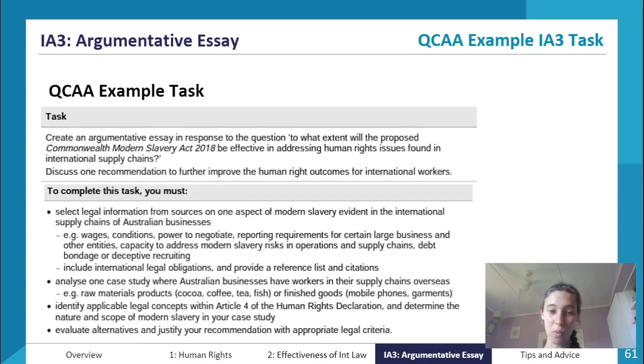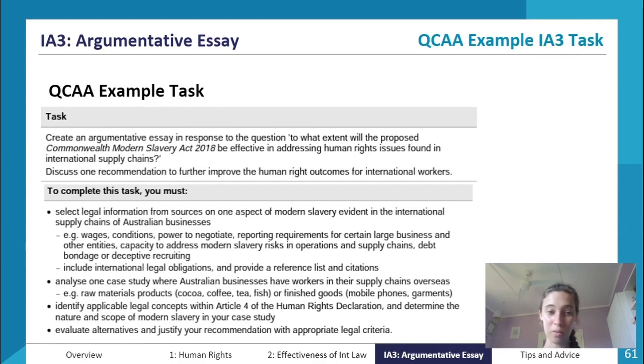In this, it's more analytical, so it's important for you to be discussing both sides of the story. So you can see in this question that it does say to what extent. So usually it's going to be somewhere in the middle. It's not going to be perfect, because you do need to make at least one recommendation, of course.